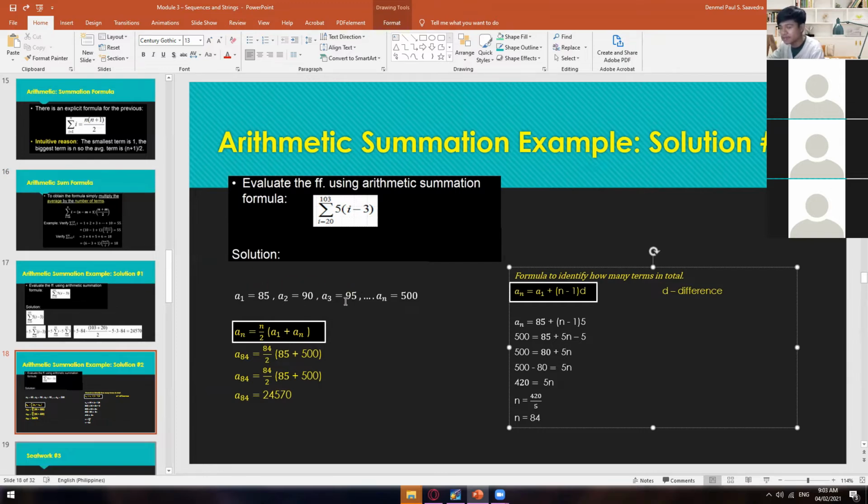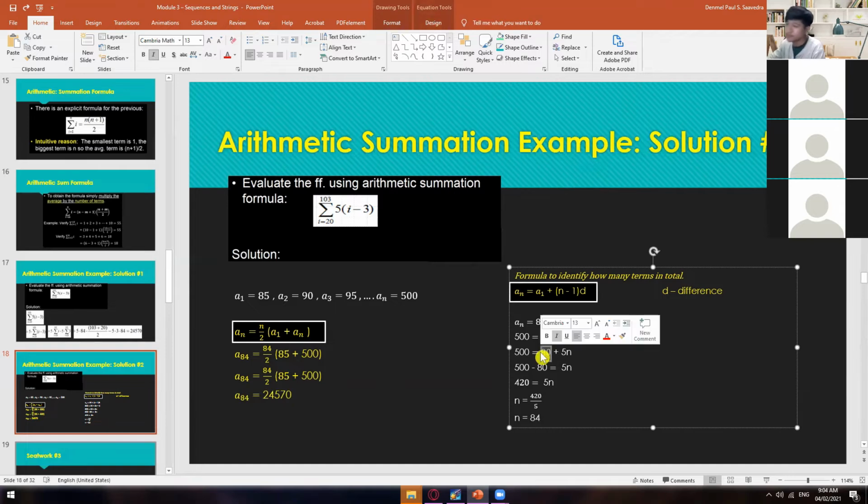This one has a difference of 5, so just put 5 here, and then distribute it. Now we can simplify: a sub n is actually 500, equal to 85 plus 5n minus 5. So 85 minus 5 is 80, plus 5n.